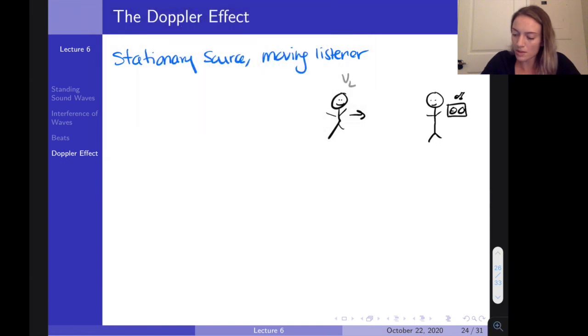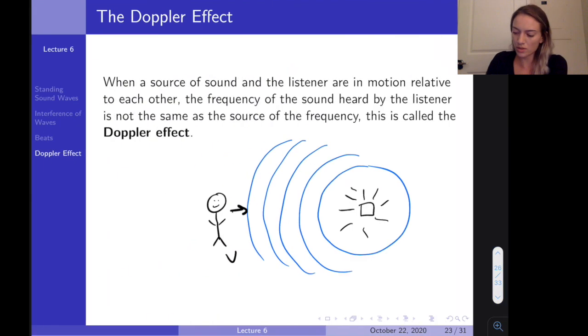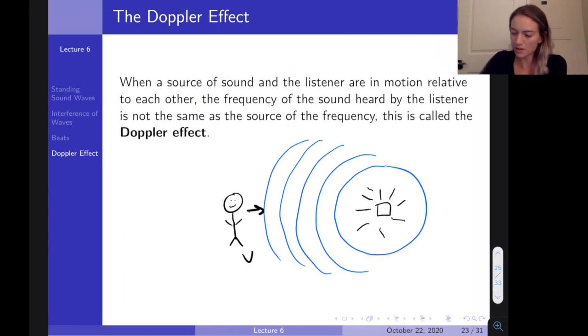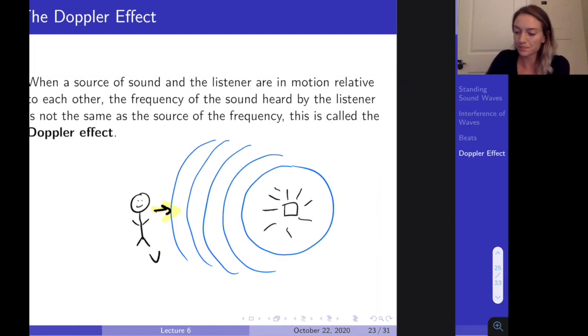The listener is moving with some speed VL. The source is standing still at 0. Now the frequency that the listener will hear, just like always, is the speed over the wavelength. If the listener is moving towards the source, the speed of sound will seem like the regular speed of sound plus the velocity the listener is moving with, because it's going to seem like the waves are moving faster.